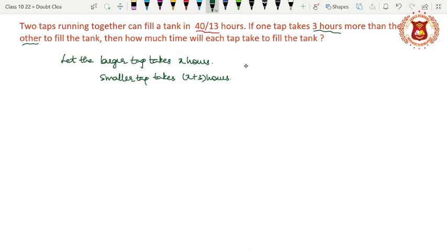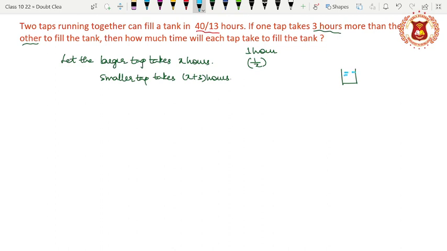Now in this problem you are using the unitary method. Therefore, in 1 hour how much can the larger tap fill the tank? 1 by x individually. In 1 hour it can fill 1 by x. For example, I have a glass of water here.